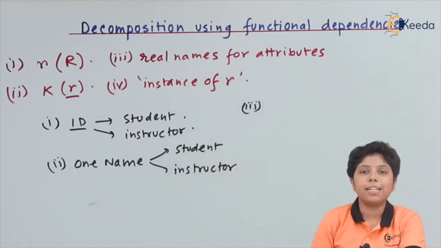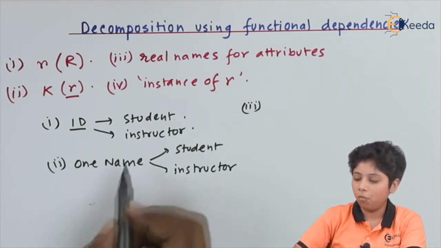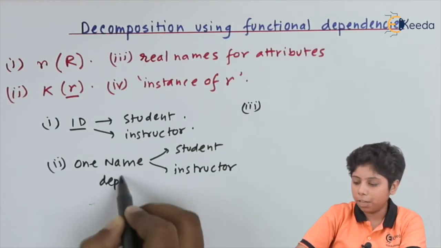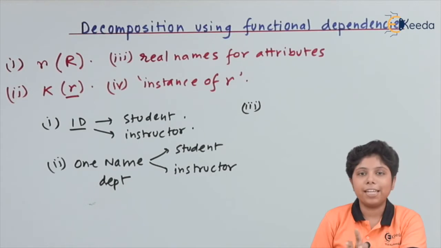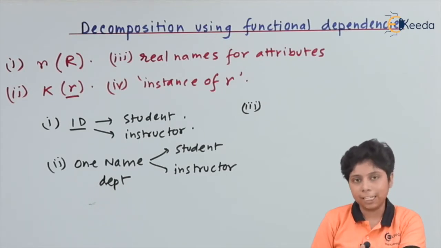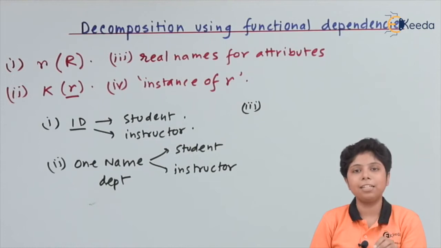Each student and instructor can be related to only one department. So like the one name, we can also have one department for student and instructor. Now we can say that each department has a single budget and a single building. So each department will be taught in a single building and the building has only one budget.